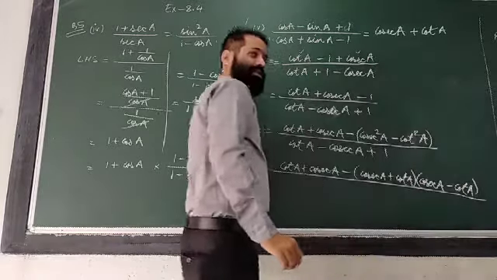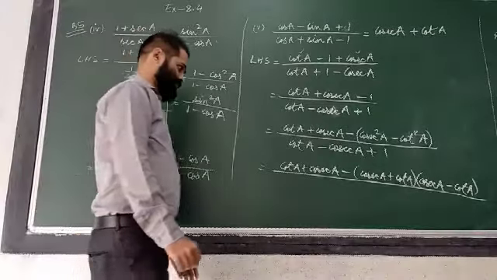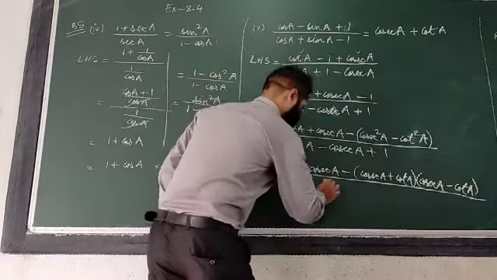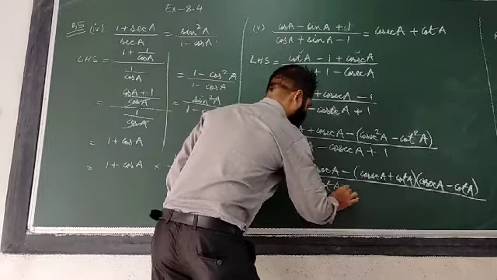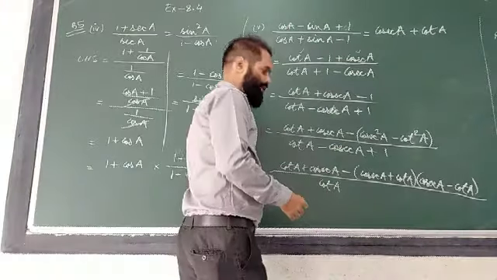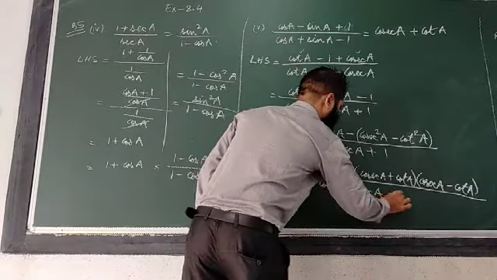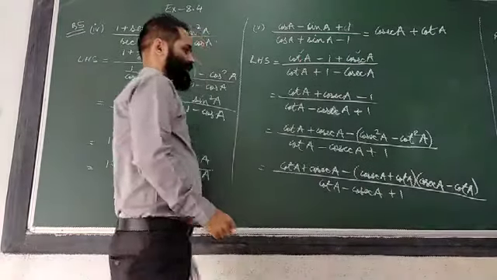Is it coming or not? Yes, sir. Okay. And this is cot A. Try to write these values in the middle so that it looks good. Minus cosec A plus 1. Is it clear?